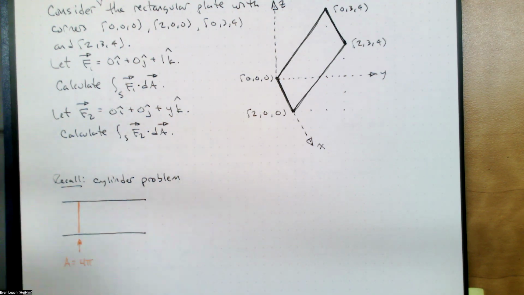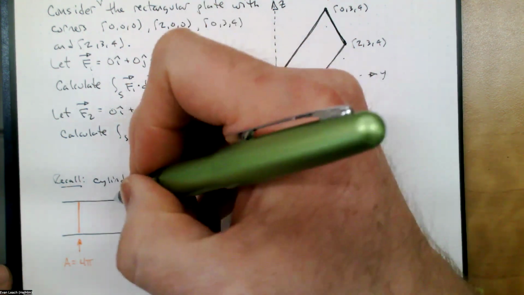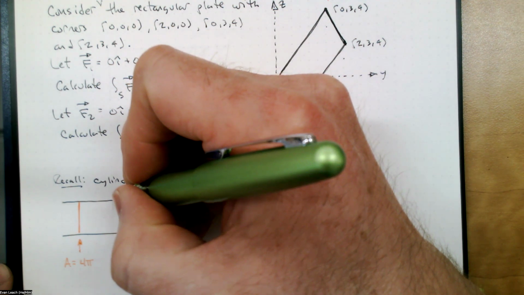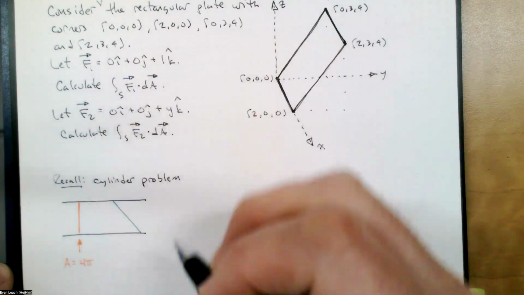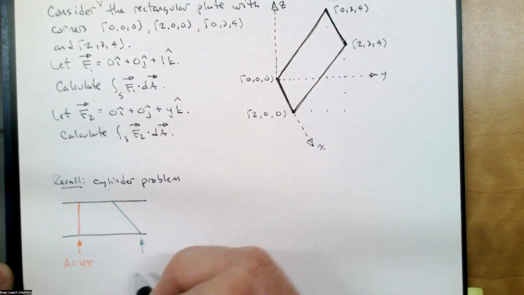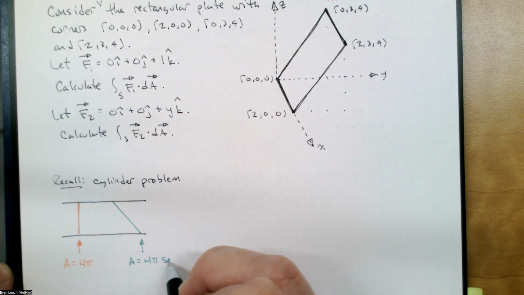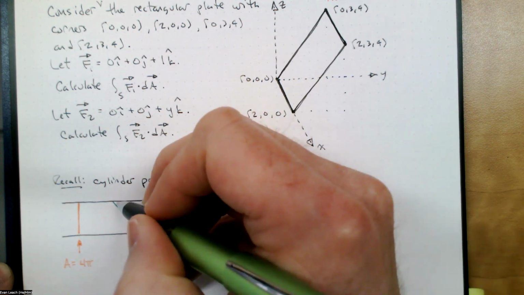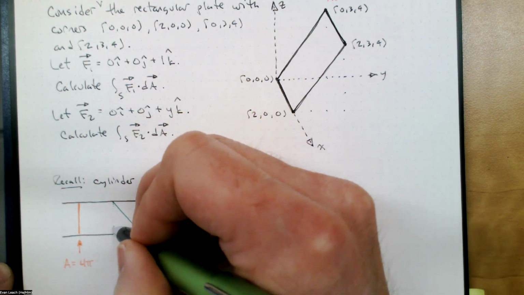So the area of that circle was 4 pi. And when we angled this off to an ellipse, the area of that ellipse was 4 pi times the secant of theta, where theta is the angle with the vertical.